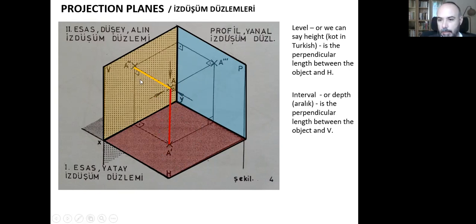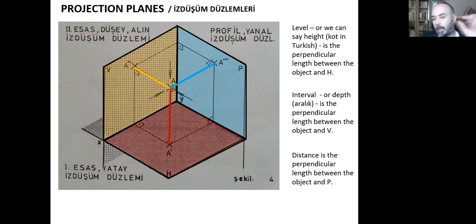That is the perpendicular length between V and the object itself. Distance, the last one, is the perpendicular length between the object and the P, profile projection plane. By using these three lengths, we can create the projection of an actual object by using this system.